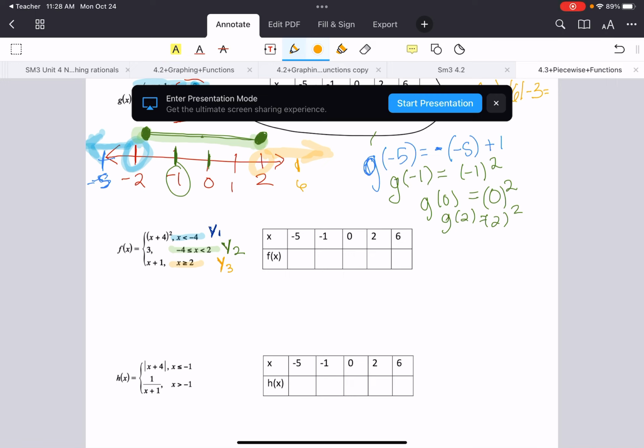Alpha F1, N over D. So then your top is going to be your equation. So this one is x plus 4 squared. And the bottom of the fraction is going to show our restricted domain.